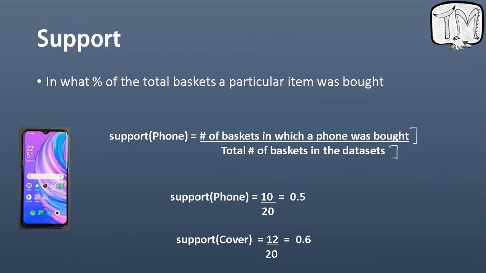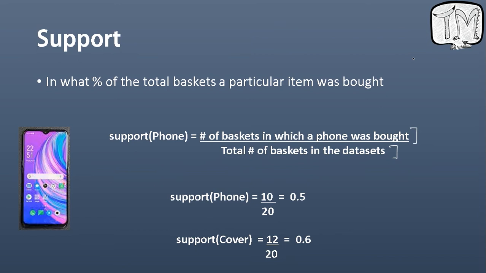Next, let's also look at support. Support is the number of times a particular item was bought divided by the total number of baskets we have. For example, in a store, let's say we had 100 total baskets in a month or a year, and in 50 of them a particular item like milk was bought.